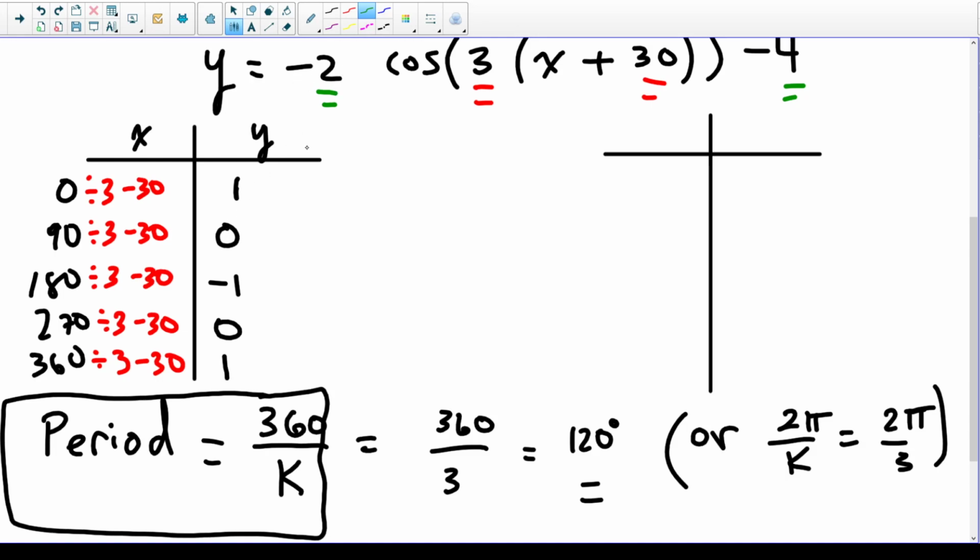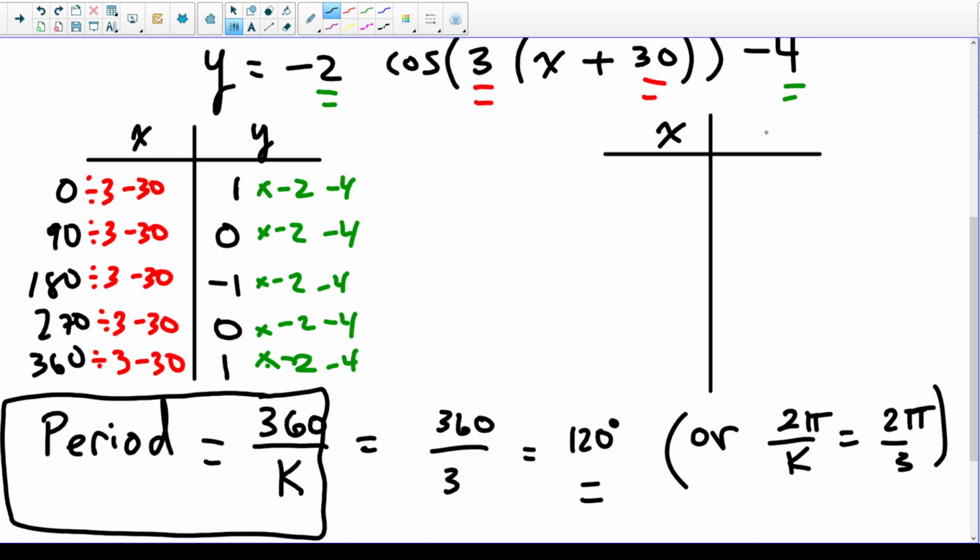So -2 is multiplying as a y value transformation. That means it's multiplying our y values. -4 is subtracting. It doesn't change because it's a y transformation, so we subtract all of our y values by 4. And now we're going to rewrite all of our x and y values with the new coordinates that we're going to use to plot this graph.